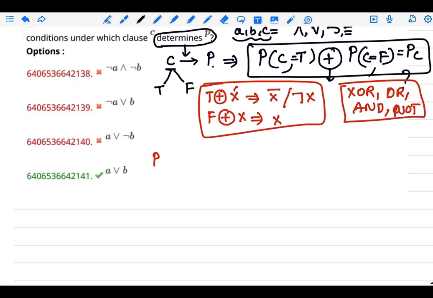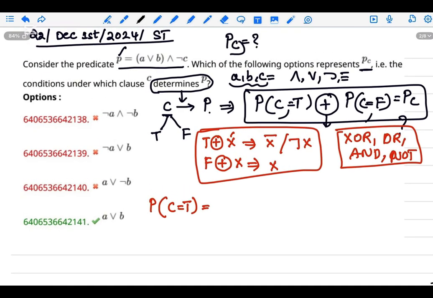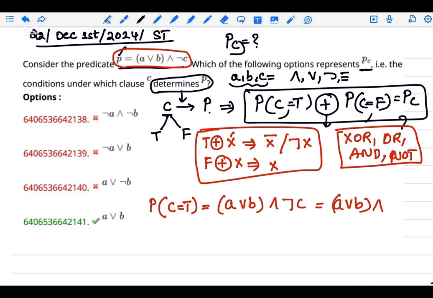So how do we determine P with C equals true? Replace C with true in the predicate. The predicate is P equals A or B and not of C. With C true, it is A or B and not of true.